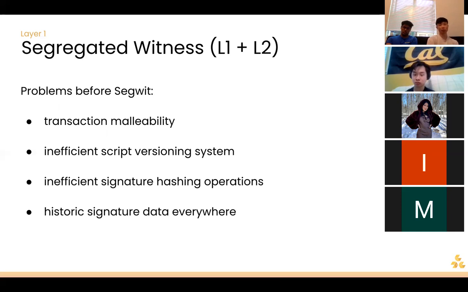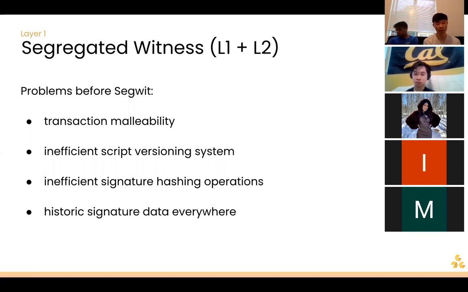In addition to that, there were also some inefficiencies regarding signature hashing operations, and we also saw signature data everywhere. The reason we don't really need signature data everywhere is that as users of the Bitcoin blockchain, when we see that a block is 100 blocks deep from the very tip, we assume that it's valid and has been verified.